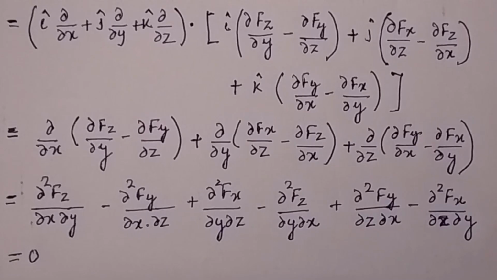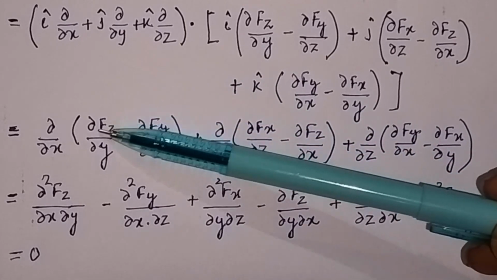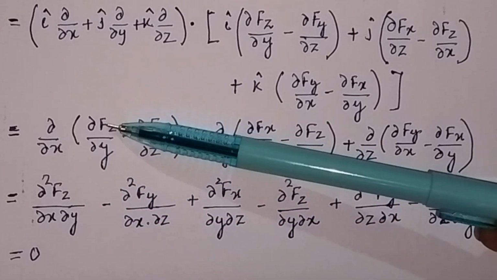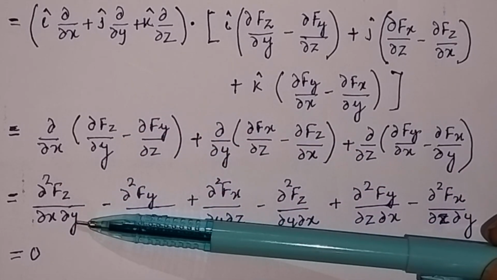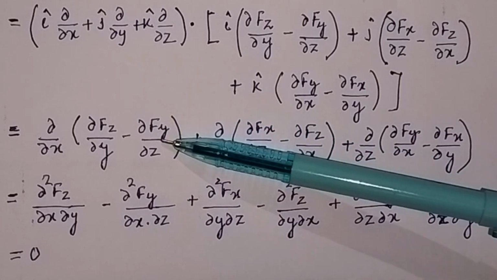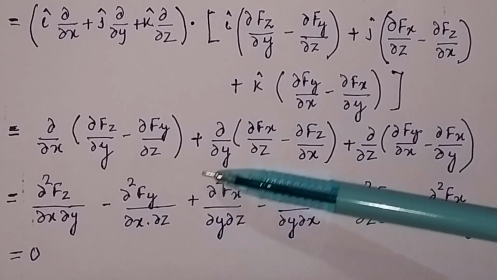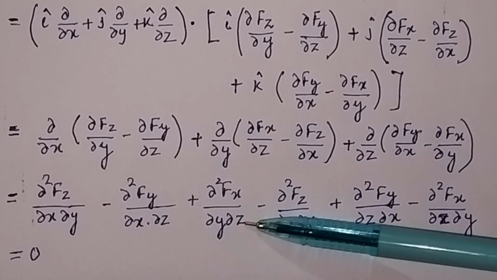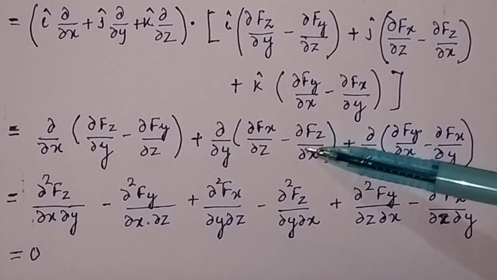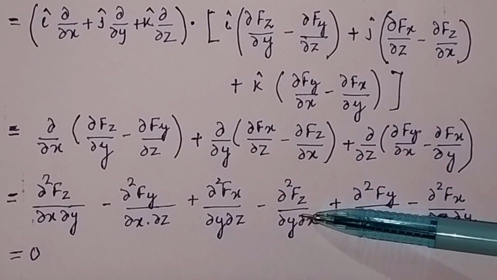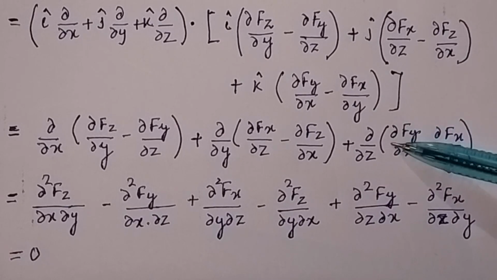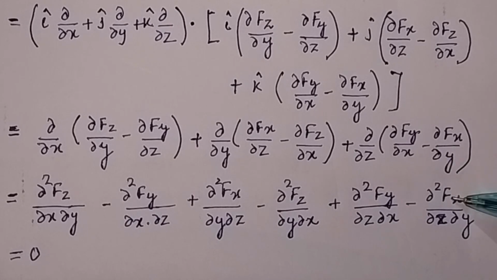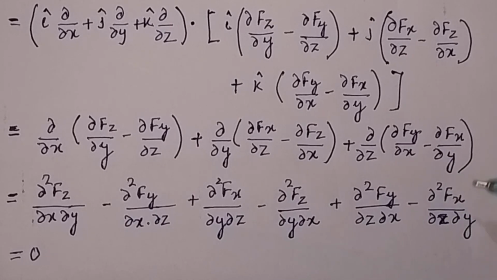So if you take the partial derivative of this term with respect to x, you will have second order partial derivative of fz with respect to x and y minus second order partial derivative of fy with respect to x and z, plus for the second term second order partial derivative of fx with respect to y and z minus second order partial derivative of fz with respect to y and x. And for the third term, second order partial derivative of fy with respect to z and x minus second order partial derivative of fx with respect to x and y.